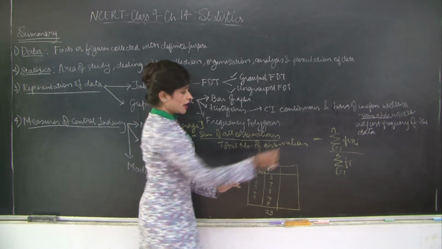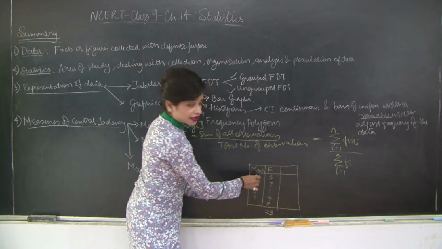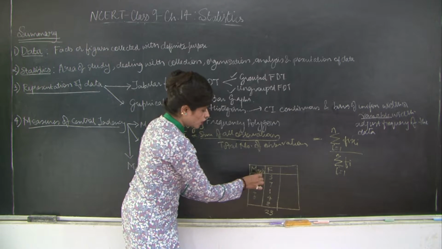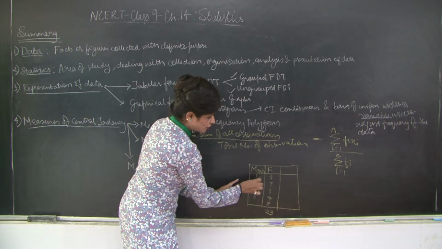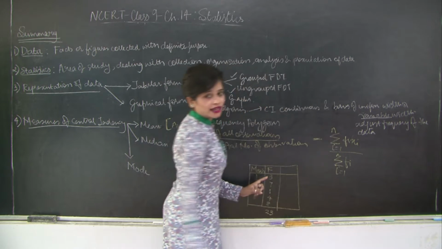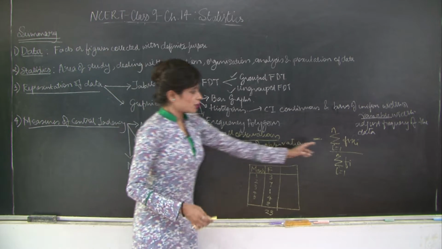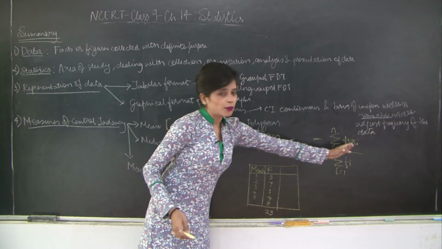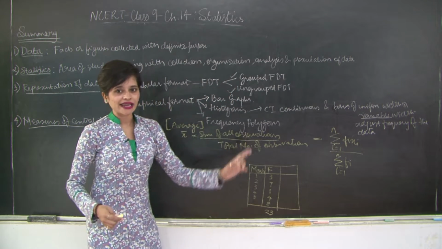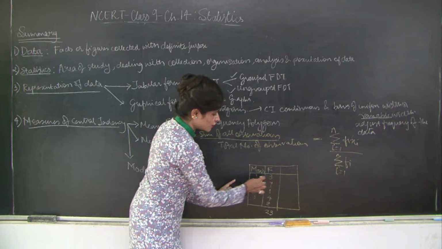So now i is equal to 1 up to n. i is going to be the individual entries. So 1, 2, 3, 4, 5. So i will go from 1 to n, which is 5. Okay, and it will keep going into a loop. So from 1 to 5, you're going to sum up what? You're going to sum up f_i x_i. That means f1 x1. So f1 x1 will be 3 into 1.